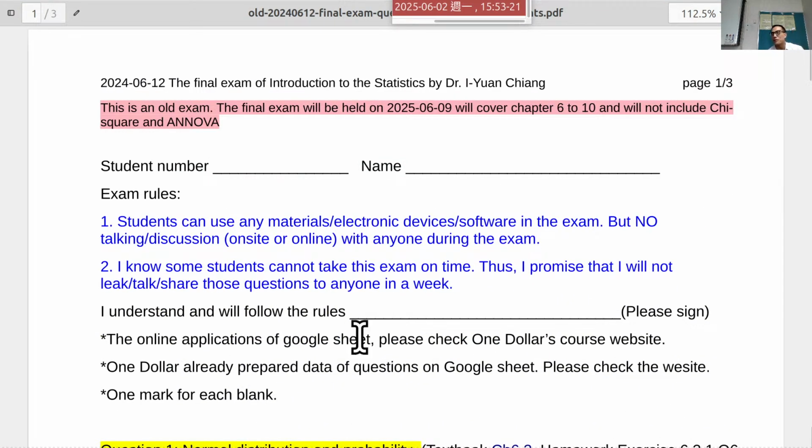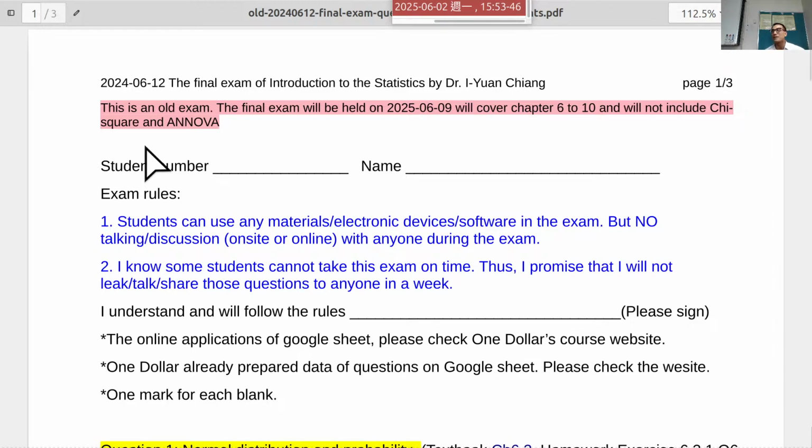And I just sent you this exam, and just one more reminder. This is an open exam. The final exam will be held next week, and it will cover chapters 6 to 10, and that will not include the chi-square and ANOVA. That is in chapter 11.